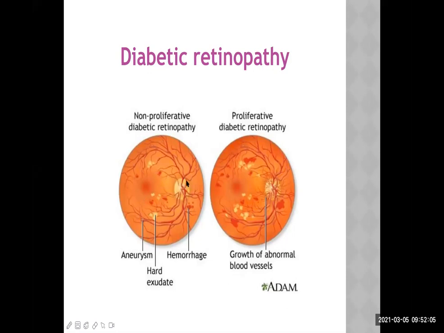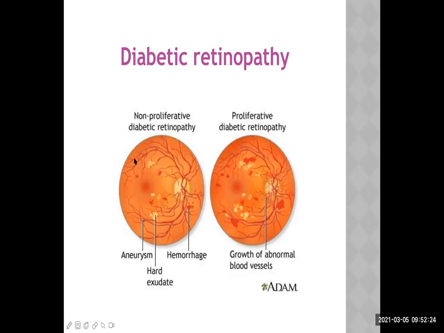Now, just pay attention or look carefully here. This area is called the optic disc. Optic disc, and these are the blood vessels. Okay, these are the branches of the central retinal artery, and the tributaries of the central retinal vein. And this is the retina.